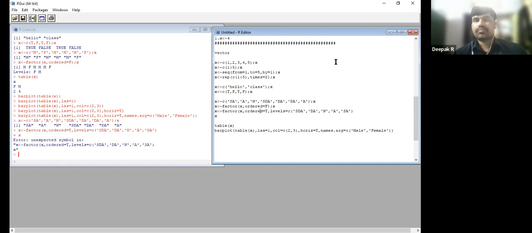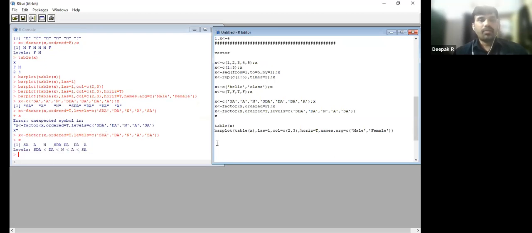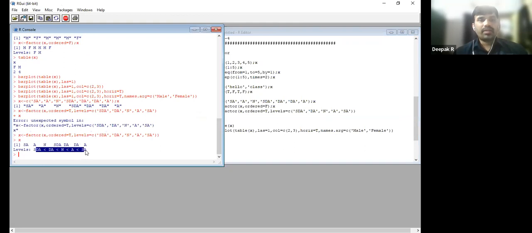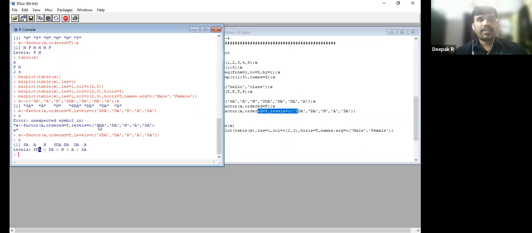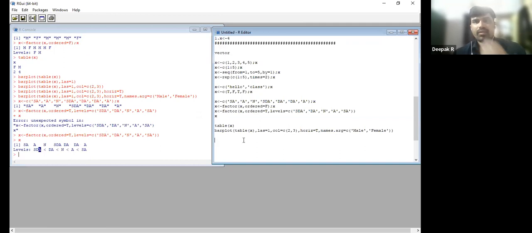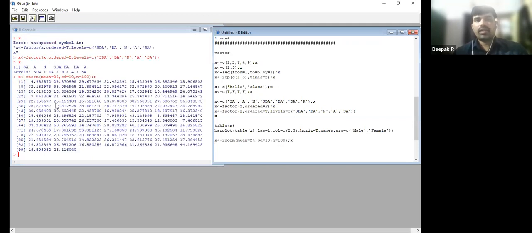So here, levels. Now, if I look at this data, you will notice that it understands that this is discrete data, but this discrete data has some levels. Now, if I come up with some random numbers with a mean of 25, standard deviation of 10, and n of 100, for example, we have got these random numbers.